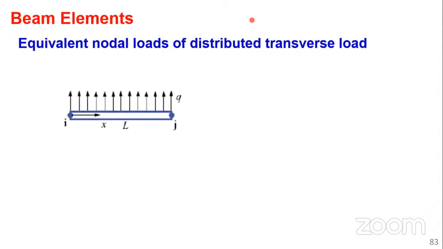When we have a uniformly distributed load, we're talking of distributed transverse loads. We have to convert this, because we said loads are applied at the nodes. We need to convert this into what we call an equivalent nodal load.